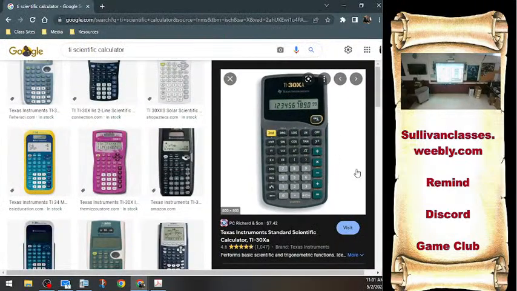That was my calculator from 7th grade through 5 years of college into my 2nd year of teaching.